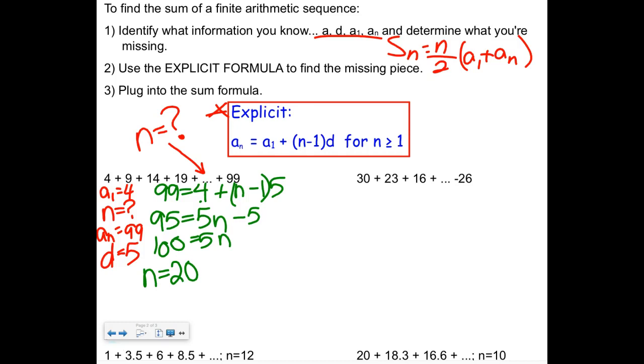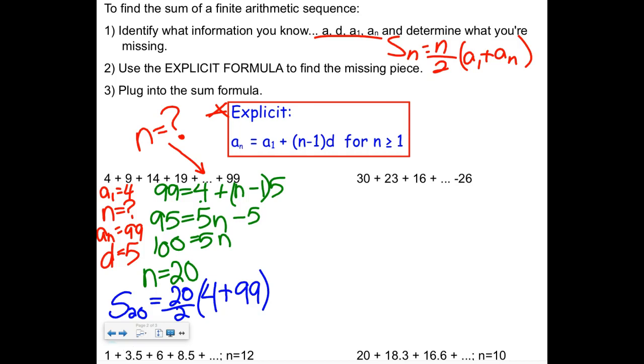So now we can plug it into our equation up there. We now know our n is 20, so we're going to say S20, and we're going to have 20 divided by 2, and we have our A1 plus our AN, which is 99. Okay. Again, it's up to you. You can plug in how much you want. You can plug the whole thing in.